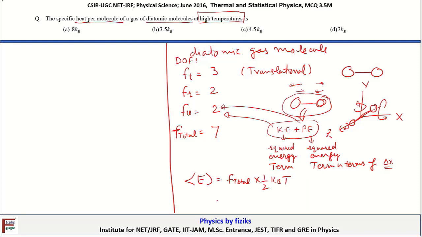So that is equal to 7 by 2 kT, or 3.5 kT. So now the contribution to the heat capacity is dE by dT at constant volume, and that is nothing but 3.5 k. So therefore this is the correct option.